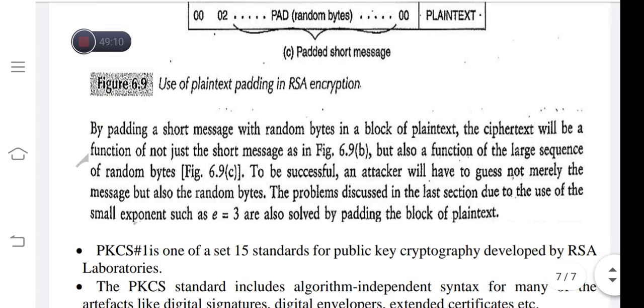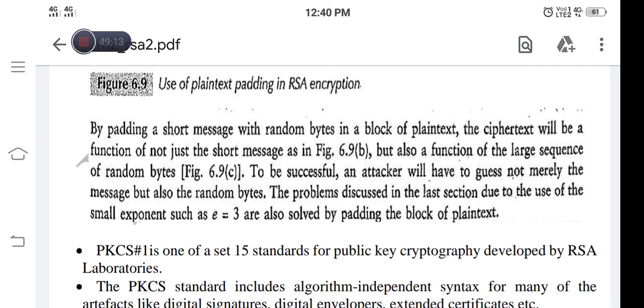Fine, and using this padding technique, the small exponent attack with a small key value like e equal to 3 can also be solved.